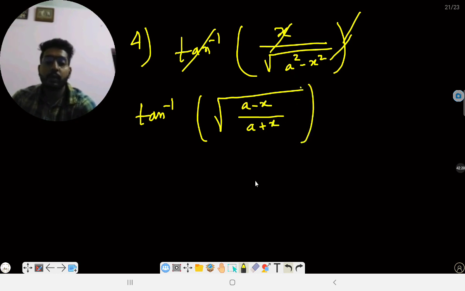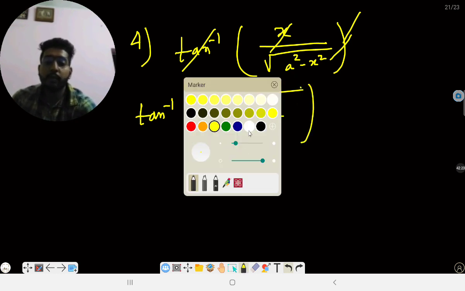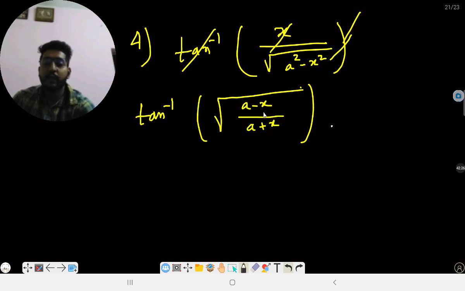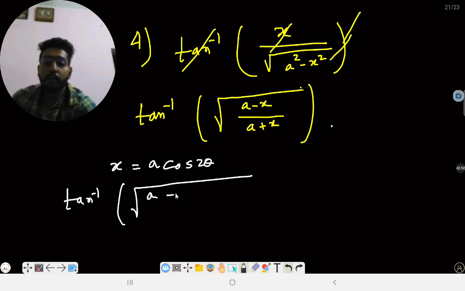Whenever this type of function comes, with a minus x and a plus x under the root, again we have to take x equals a cos 2 theta, since there is an a. Now solving this, with x equals a cos 2 theta, tan inverse of root under a minus a cos 2 theta, and here also a plus a cos 2 theta.